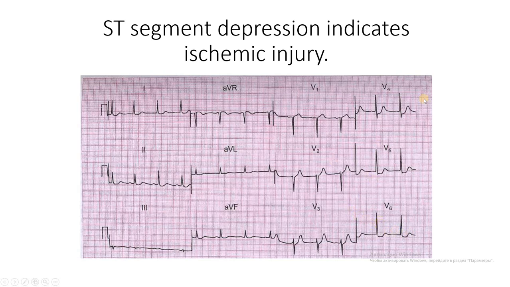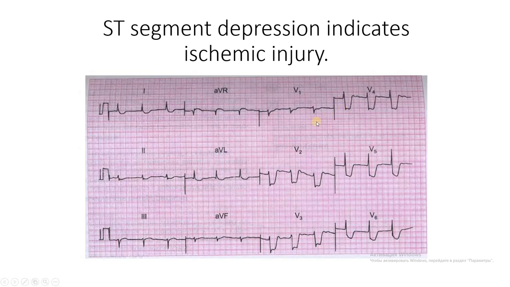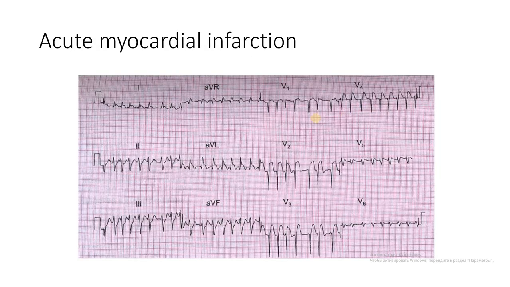This is also ischemic injury. And in the next picture, V1 to V6 also show ischemic ST depression, horizontal depression of the ST segment. This means the patient has ischemic injury.